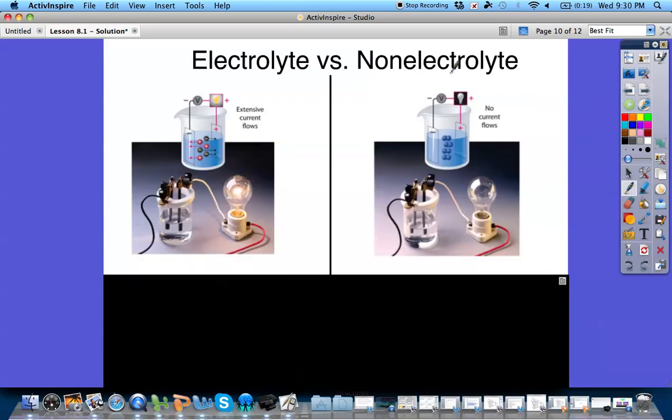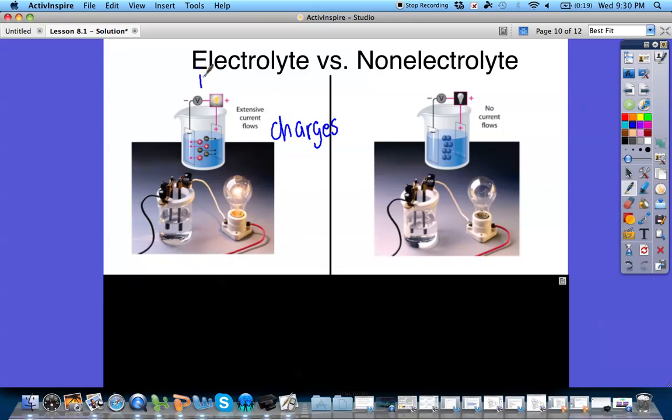Electrolyte versus non-electrolyte. What do you think about when you hear electrolyte? You might think about Gatorade. Well, if you just look at electro, you might think about electricity. Well, electricity current flows among charges. So, did an ionic or covalent compound produce charges?